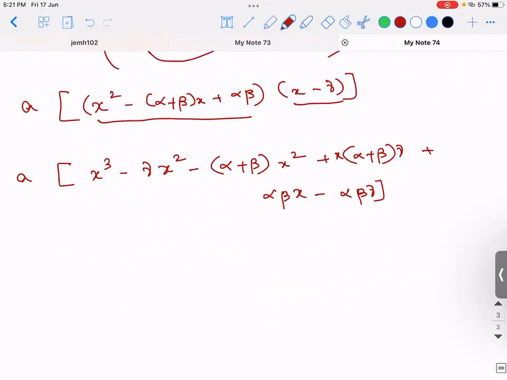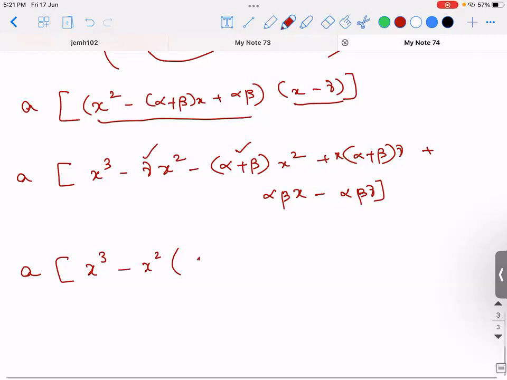Okay, now collect all the common terms. See, x cube, you don't have any other x cube, right? Plus, I'll write x square into, what do I have? Minus alpha plus beta minus gamma. That's it, no? So I will write it as minus x square into alpha plus beta plus gamma. Correct?